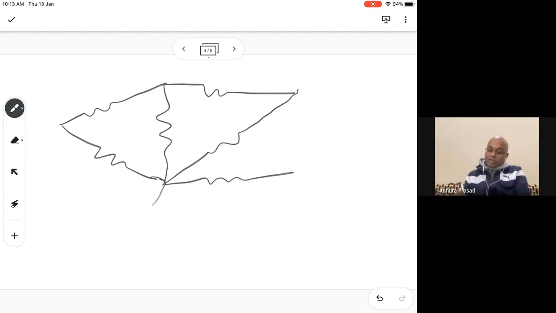If you have this kind of circuit, let us say it is like this, and so on, then you can easily write the equations.